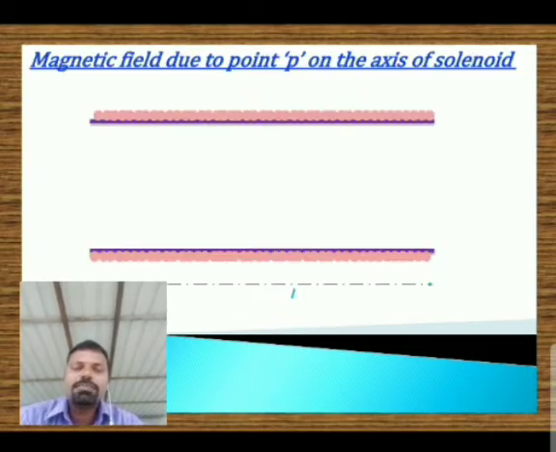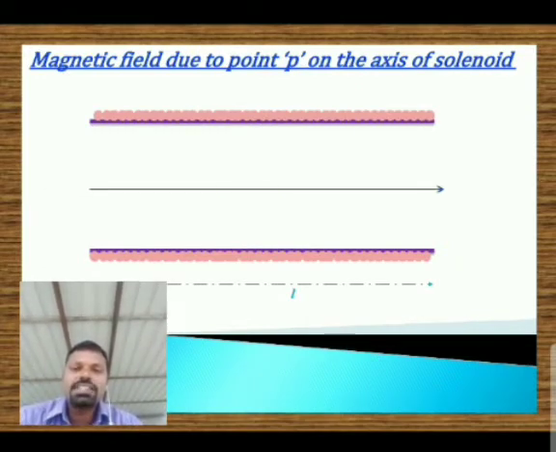This is my cross sectional view of the solenoid. This is the axis of the solenoid. I am taking a point on this solenoid. The radius of this solenoid is a, because it is circular in shape. So the radius of the solenoid is a.